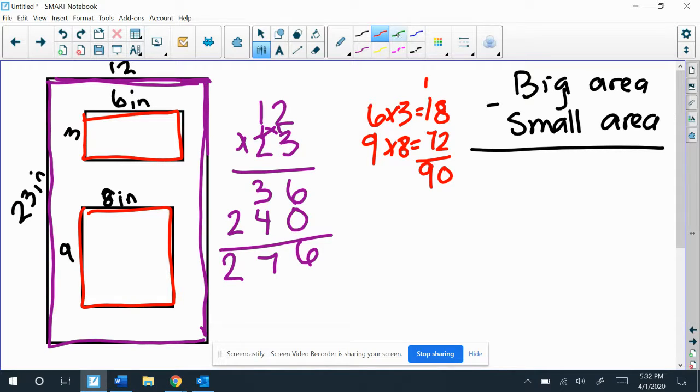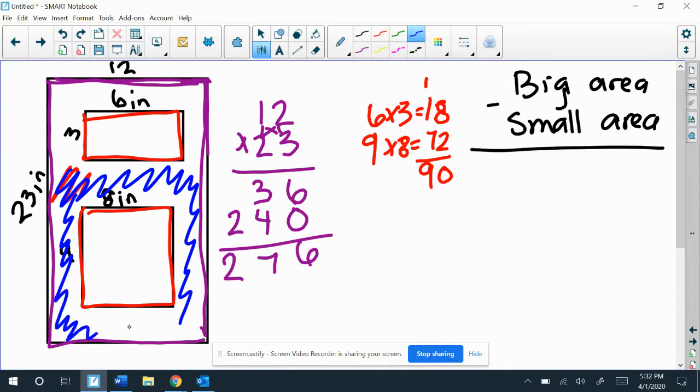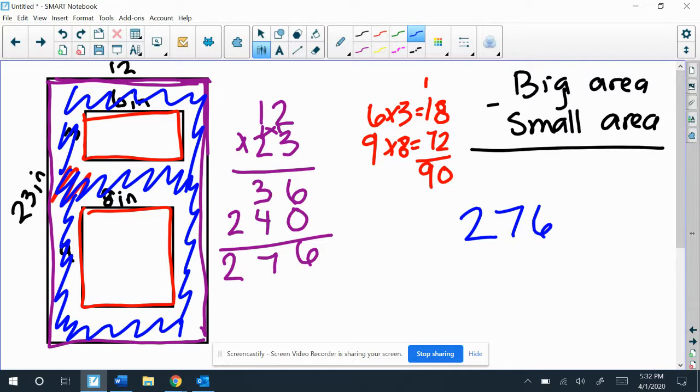Now I am going to find the part of the door that I want to maybe color in blue, which is everything not those smaller parts, everything around those. Okay, so I have my total area, 276, and I have my small one, the ones I don't want to color, and I'm going to subtract the two to get what I only want to color.